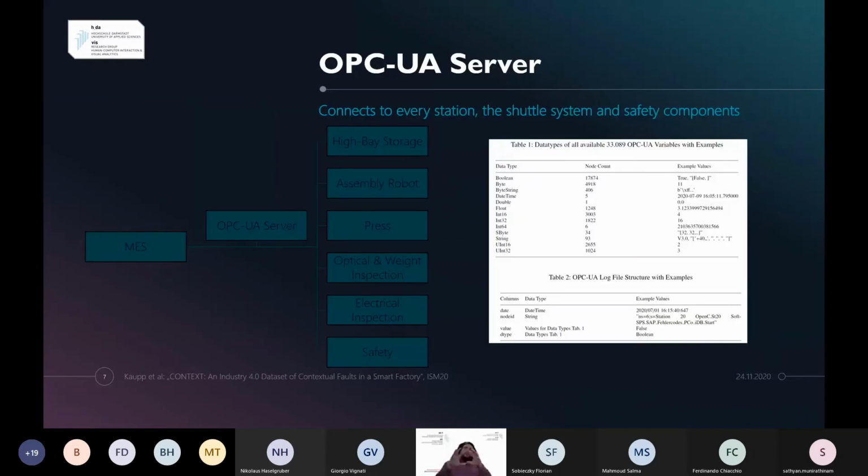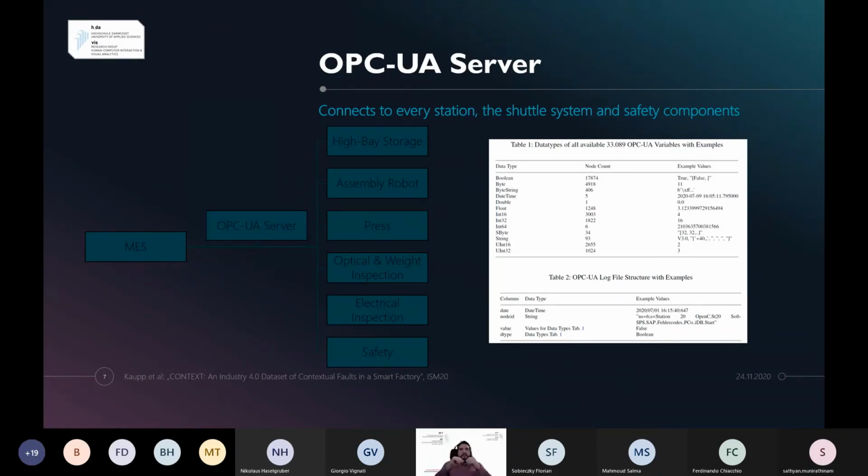So our recordings are based on two different information sources. One instance is the OPC-UA server, and the other is our industrial Internet of Things. Here I will talk about the OPC-UA recordings. We have a manufacturing execution system that operates the smart factory, the high bay storage, the assembly robots, the press, the optical and weight inspection, and the electrical inspection safety.